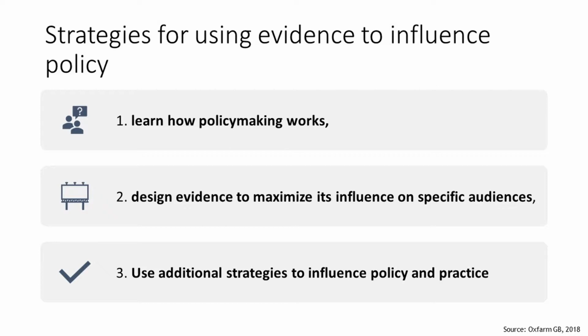So, for example, involving the relevant stakeholders who may be decision makers, and also involving stakeholders who are at the local level, and also framing your message and your research and timing how it's released. So it's a combination of these different strategies, right, in order to make maximum impact.